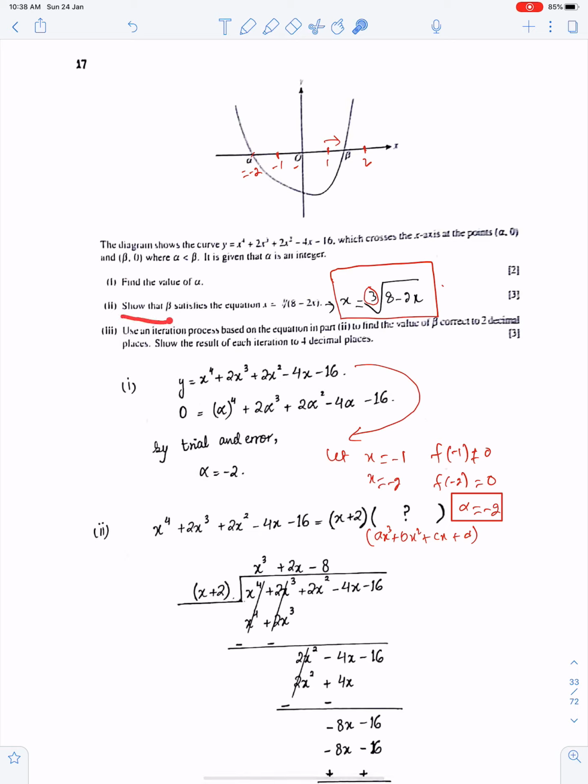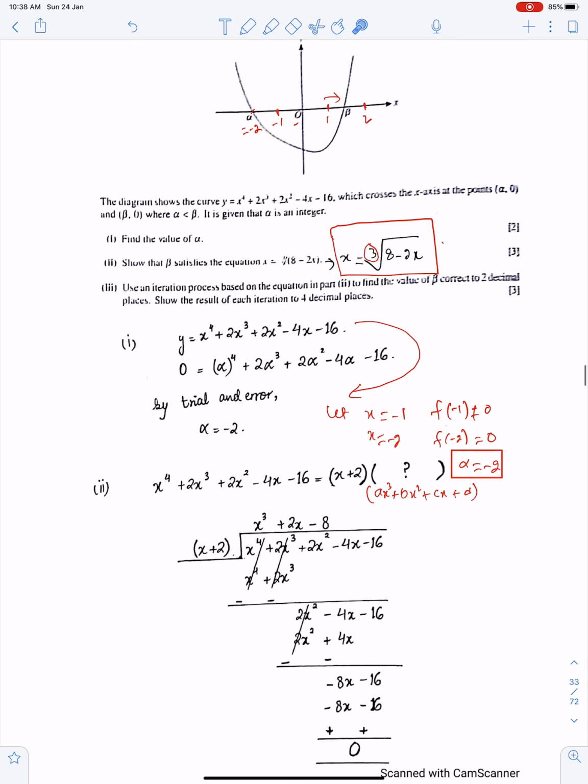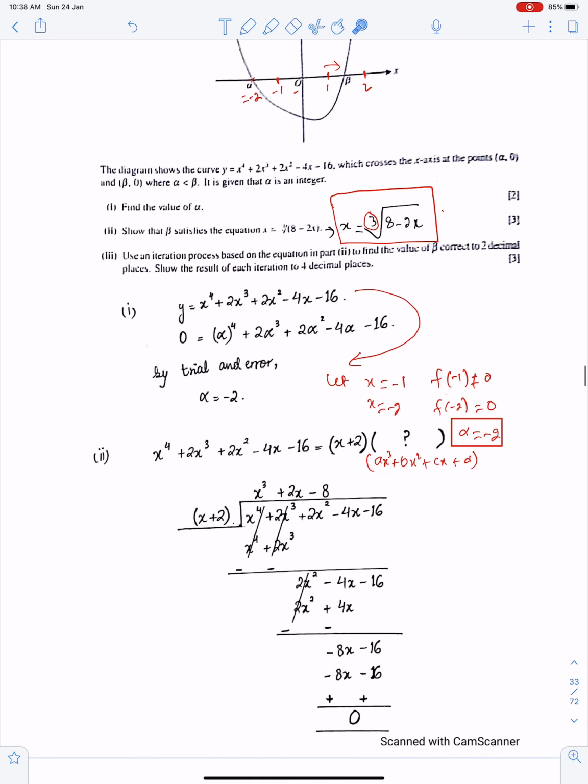Show that beta, this is part 2, satisfies this equation. Now we have to find the other roots of this polynomial. This is the linear factor. Now this is the cubic factor. When we have degree 3 or degree 4 equations, we always use the long division method. You have 3 options: either use long division or synthetic division or comparing the coefficients.